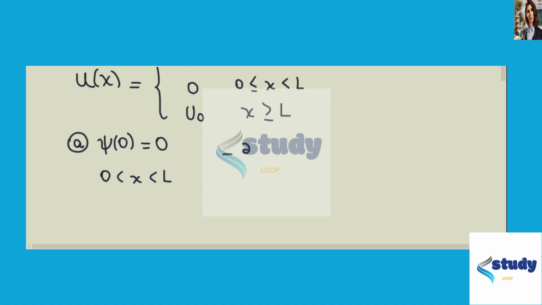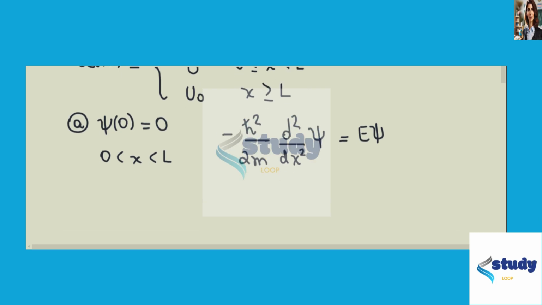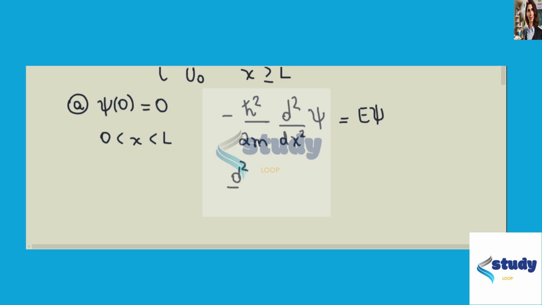Okay, so notice that in this region U is equal to 0, so minus h bar squared over 2m times the second derivative of the wave function is equal to E times the wave function because U is equal to 0. So the second derivative of the wave function is equal to minus 2mE divided by h bar squared times phi.